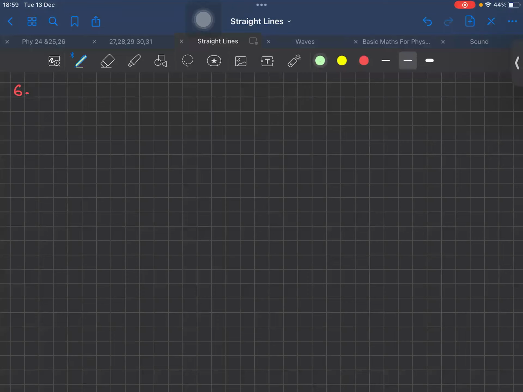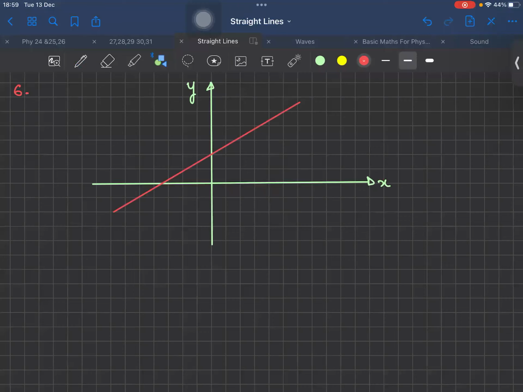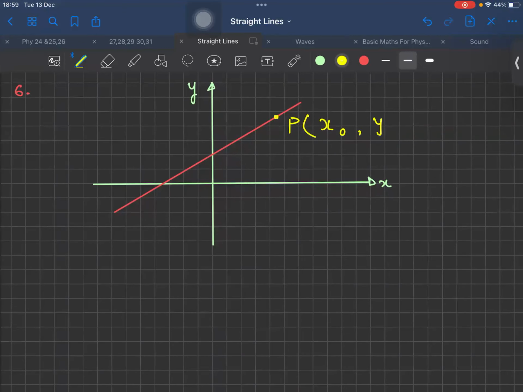Suppose you have a coordinate system, X and Y, and there is a random line like this, and only one point is given to you, P. Let's say its coordinate is x0, y0.